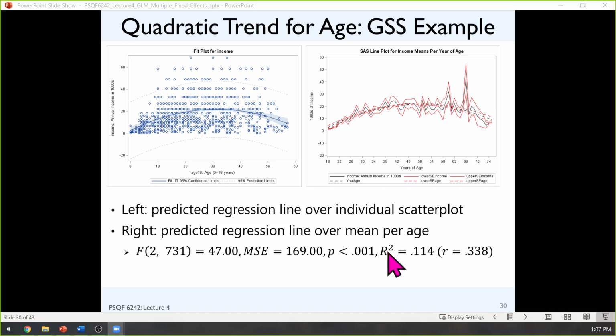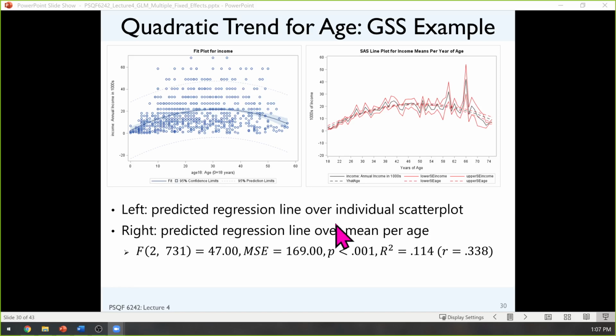If I take this R-squared and find the square root, that gets me to this R right here, which is 0.34. And that describes how correlated y hat is based on this quadratic line with the real y's, excuse me. So it's a correlation of 0.34, which is significantly greater than 0.